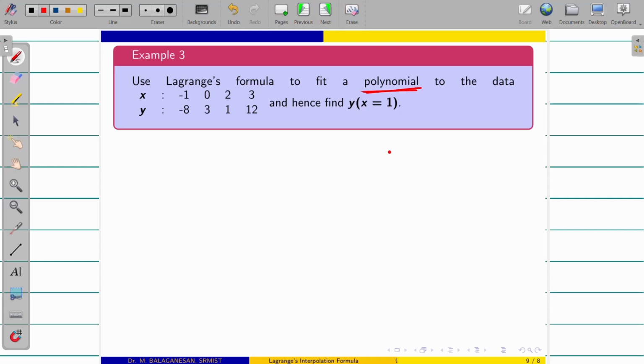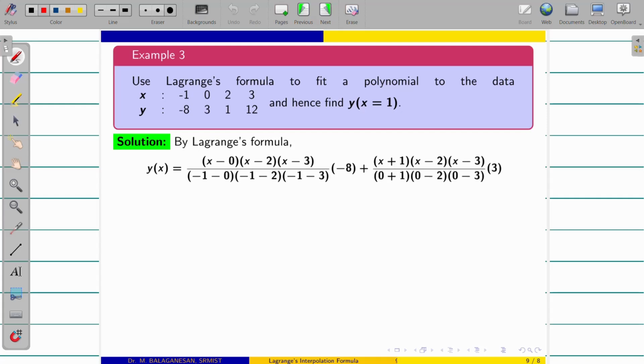We have to fit the polynomial first, and then find the value at x equal to 1. Look at that: here the values are -1, 0, 1, 2, 3. After -1 comes 0, after 0, 1 should be there. So it is unequally spaced. We have to find the value of y only, so we can use Lagrange's interpolation formula.